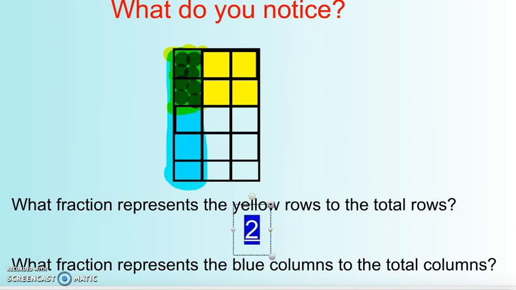Now, can you tell me how many total rows are there? Because if I want to create a fraction, I need to know the part out of the whole amount. And so how many total rows are there? Yep, 5. There are 5 total rows. So 2/5 would represent a fraction showing how many rows are shaded yellow.